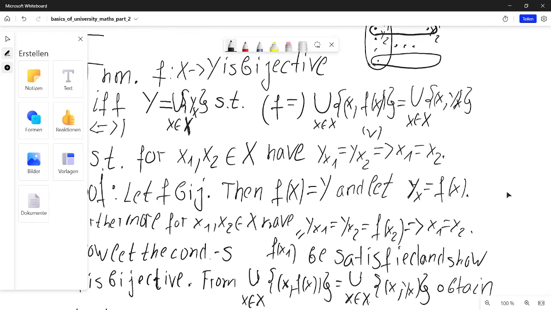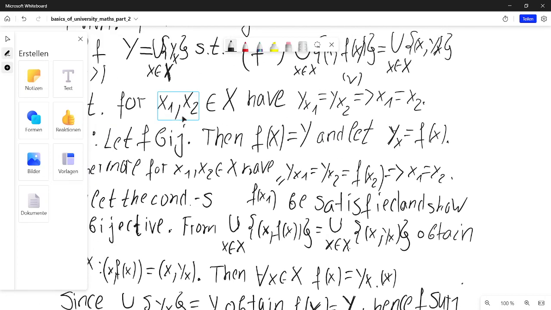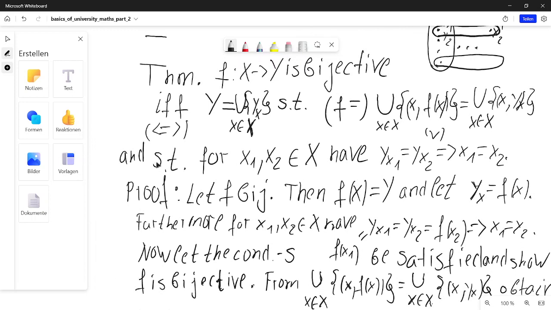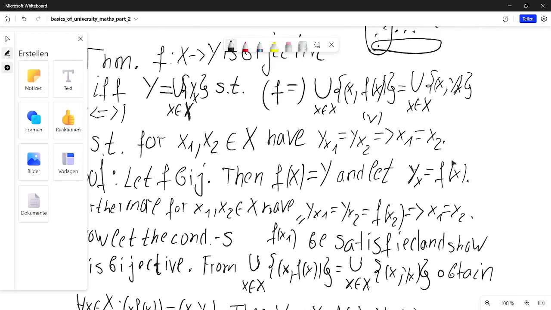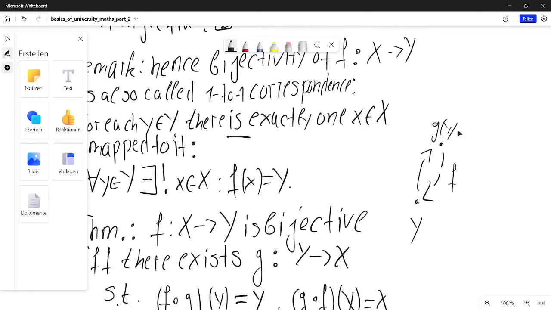we have that property, right? Recall, such that for x1, x2 in X, whenever those are equal, x1 is also equal to x2.